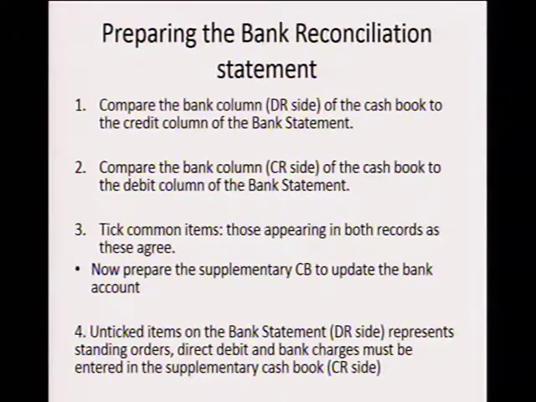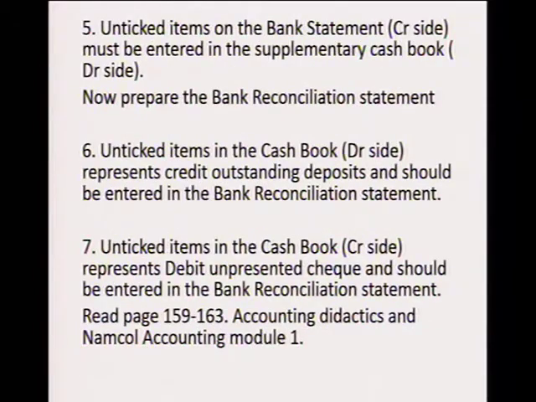In step number four, the unticked items on the bank statement, on the debit side, represent the standing orders, direct debits, and bank charges, and must be entered in the supplementary cash book on the credit side. And then in number five, all the unticked items on the bank statement on the credit side must be entered in the supplementary cash book on the debit side.